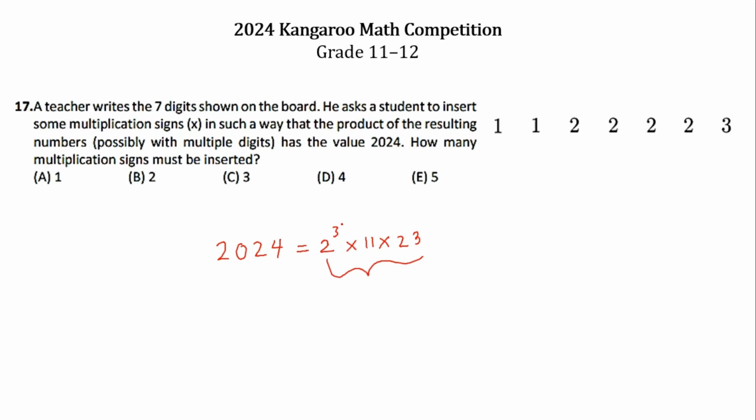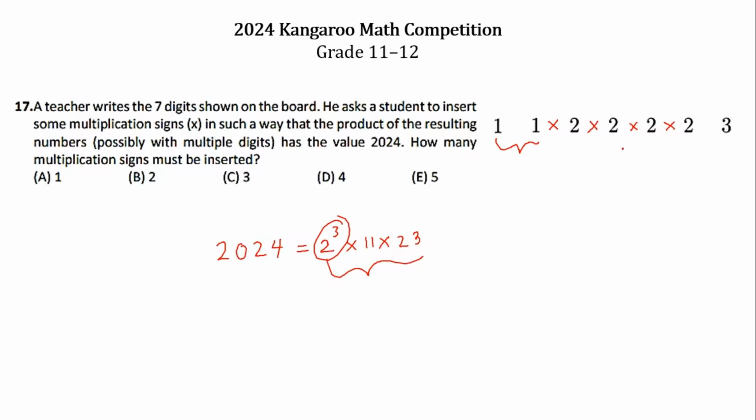And because 2 raised to 3 is 8, we must insert here two multiplication signs. 2 times 2 times 2, that's 8, or 2 raised to 3. Another multiplication sign here, and the last multiplication sign here. So we have 11 times 2 times 2 times 2 times 23.